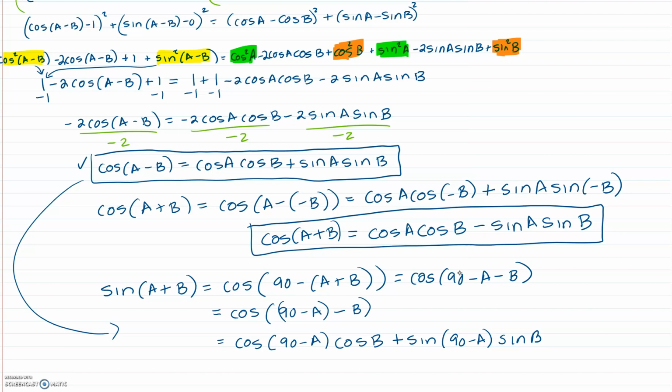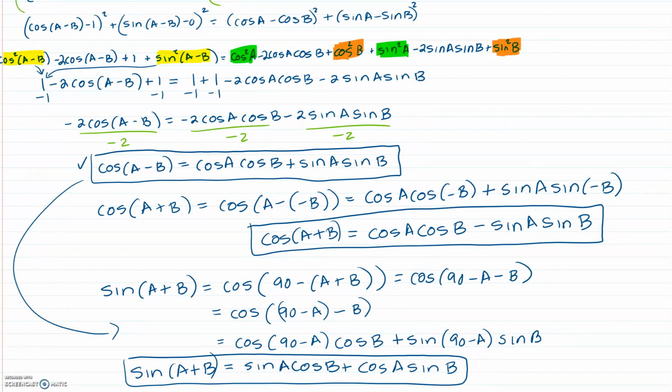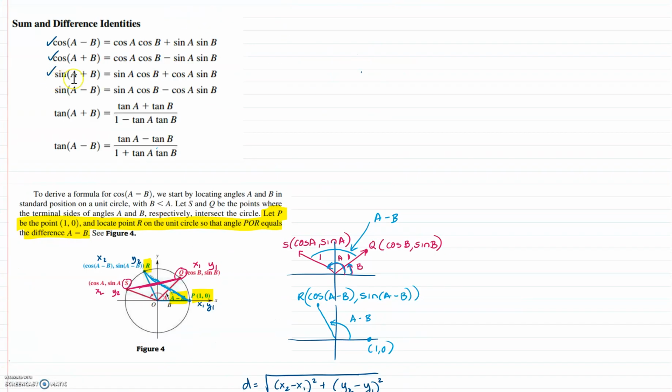And we know that cosine of 90 minus A, that's a cofunction, is just sine of A. We still have cosine of B. And the same with sine of 90 minus A, we know that that is cosine of A. And we have it. Let me write this as sine of A plus B. And there is the formula. Let's go up and look. That is the sine of A plus B.